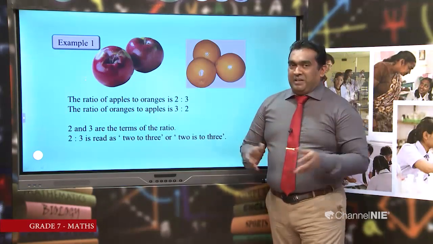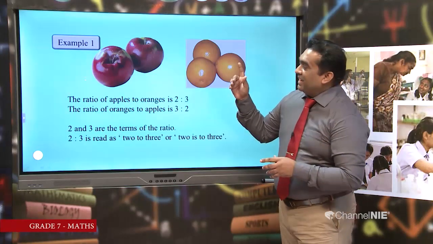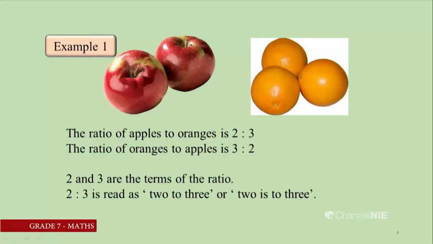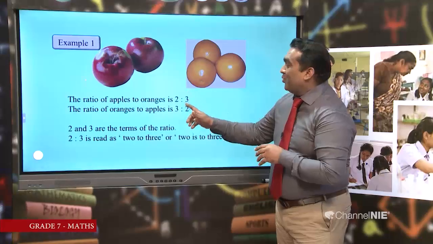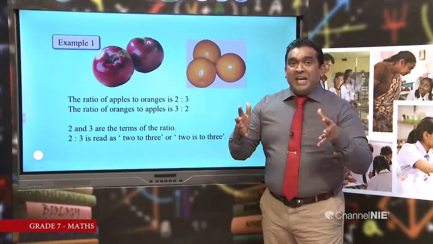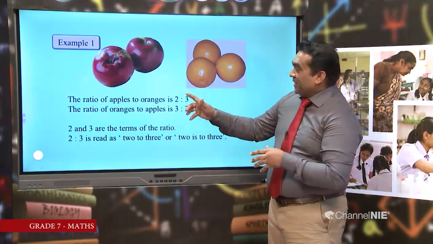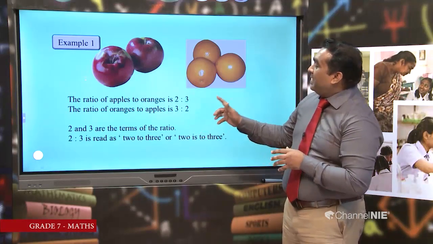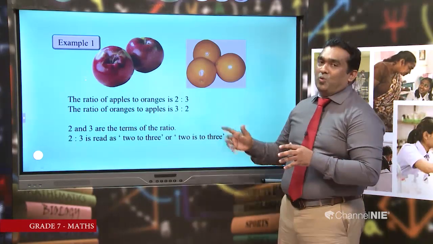Here is an example. The ratio of apples to oranges is 2 to 3. It means there are 2 apples and 3 oranges. Then how to express this numerical relationship? 2 is to 3. Conversely, if you exchange, the ratio of oranges to apples is 3 to 2.